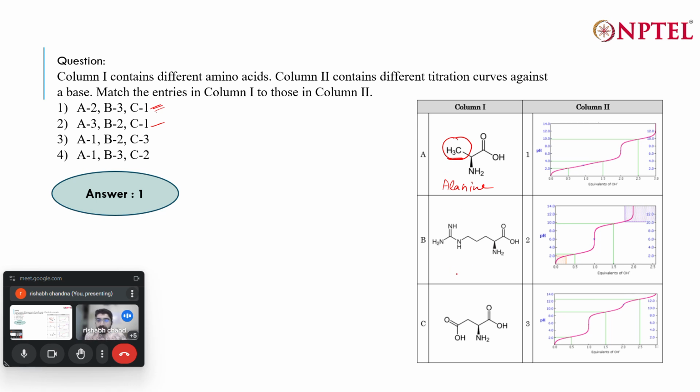What is the B amino acid? Okay, it's lysine. Okay, what is the C amino acid?